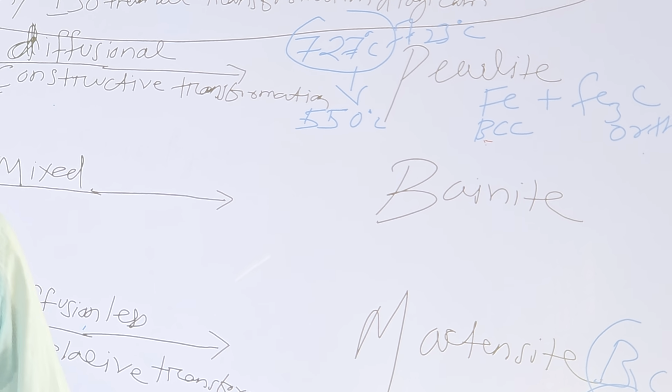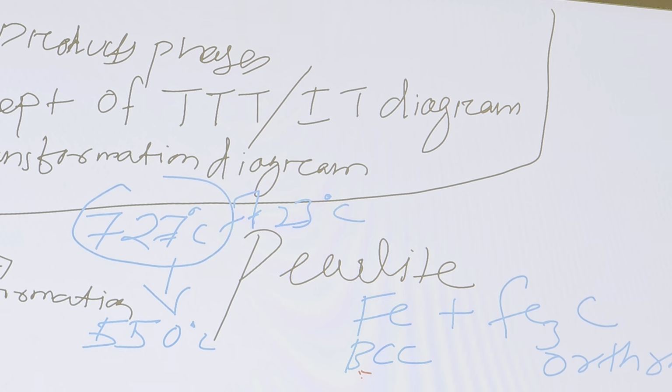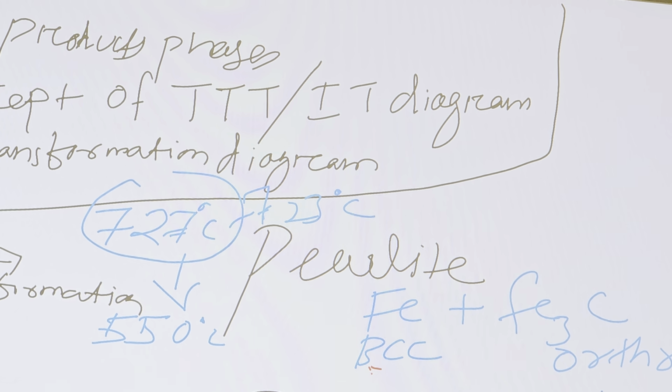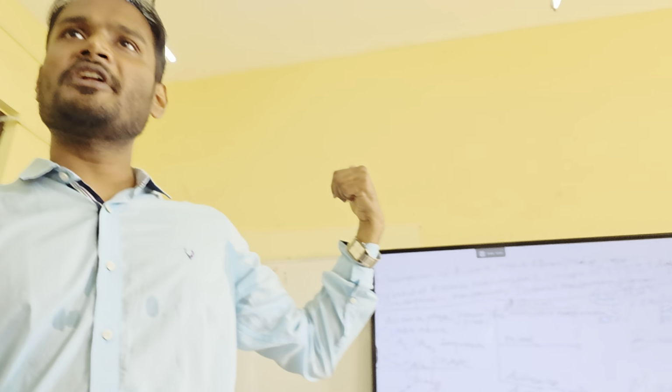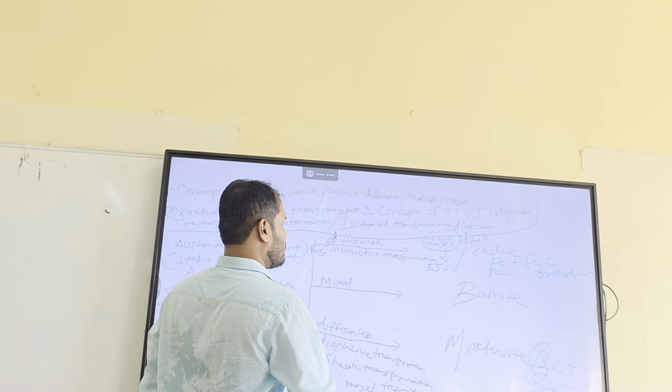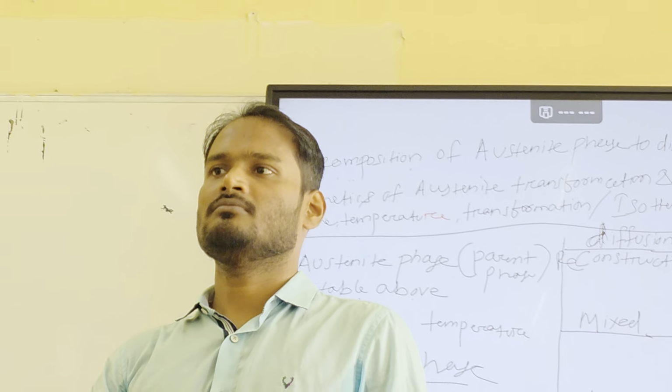So this is the range of pearlite formation. Just understand this. Your steel is at 900 degrees centigrade. Everything is austenite. And the moment you bring the steel to 727, transformation will start. Pearlite will form. The moment you keep any temperature in between, you will end up with pearlite.